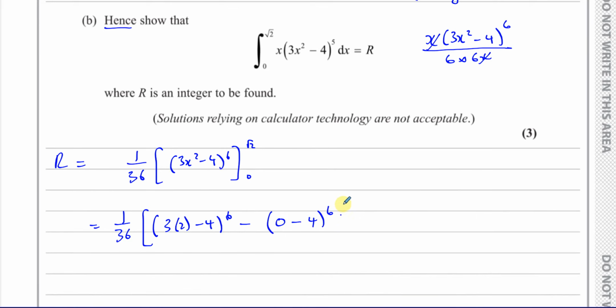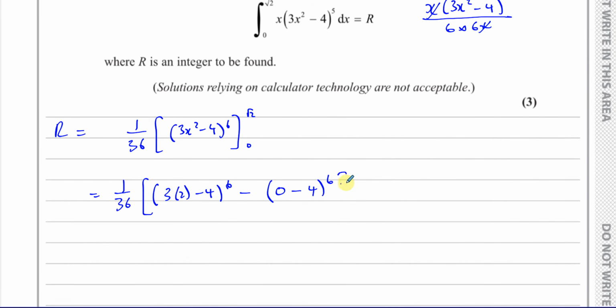So I end up with 1/36 times 2 to the power of 6 minus 4 to the power of 6, which will give you a positive answer. So what does that give us? Let's have a look.